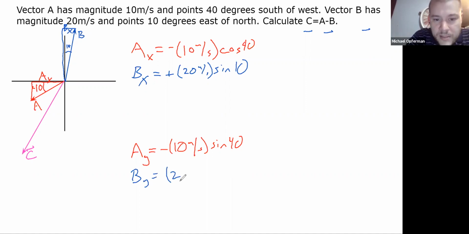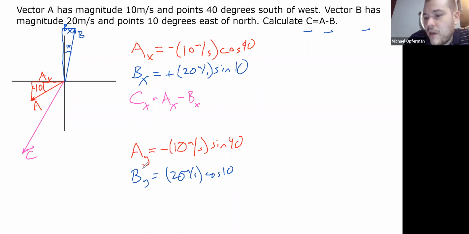And this is going to be positive 20 cosine of 10. Then once you got those components, all you do now is CX equals AX minus BX. So you can just subtract the components, and that's all there is to it. If BX is negative, it'll end up becoming an addition because you're subtracting a negative. But you just algebraically do a subtraction of the two numbers. And likewise for the y component here.